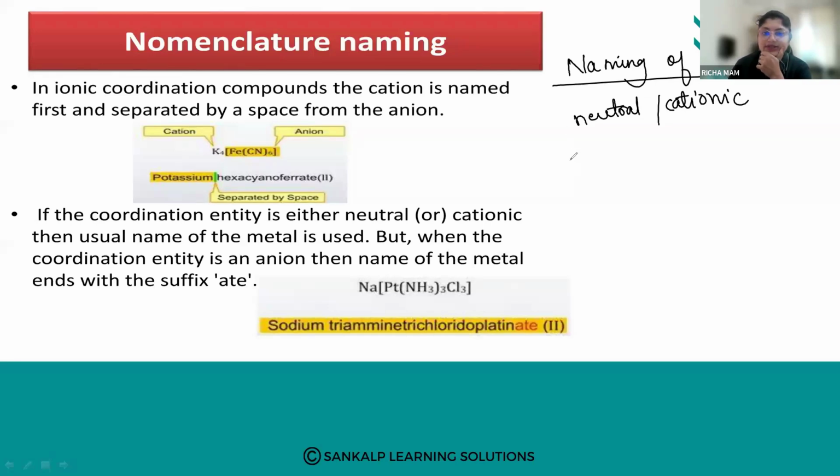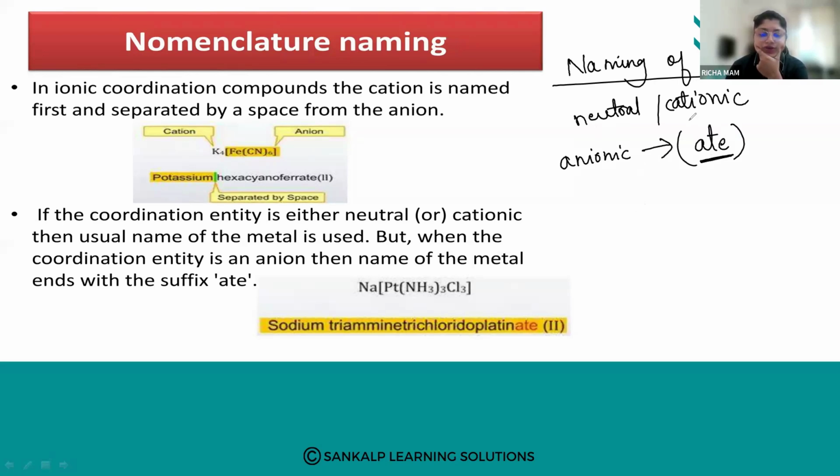But if the complex is anionic, if you have a negative charge, then the central metal ends with ate.